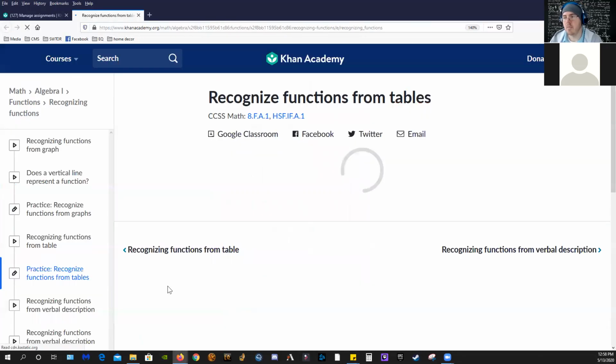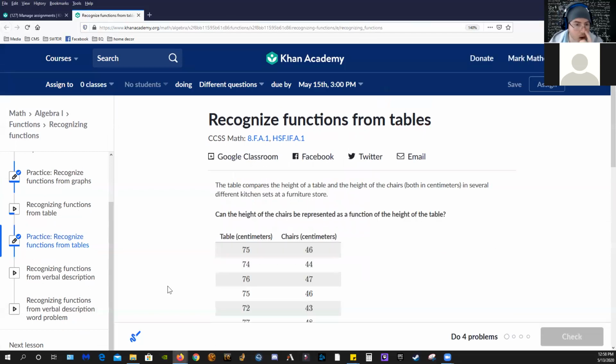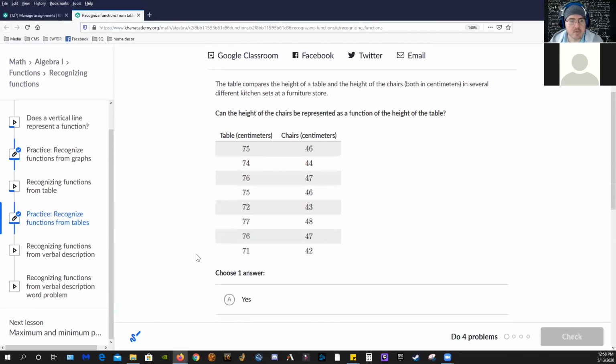All right, last one. Here we go. Okay, so do we have any x values that repeat? Let's see, the height of tables.